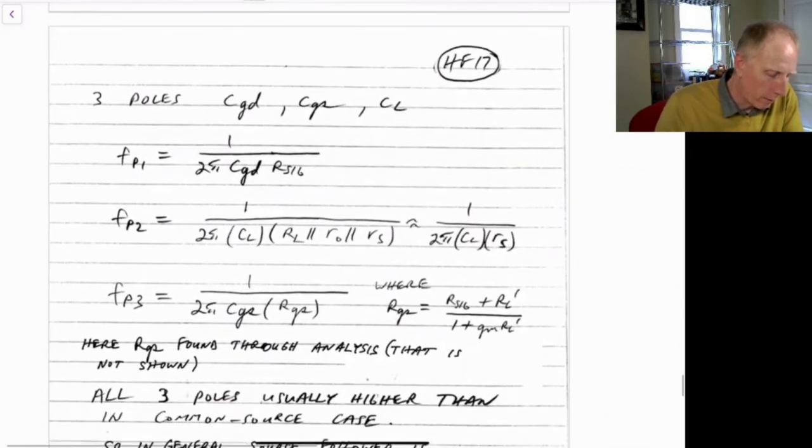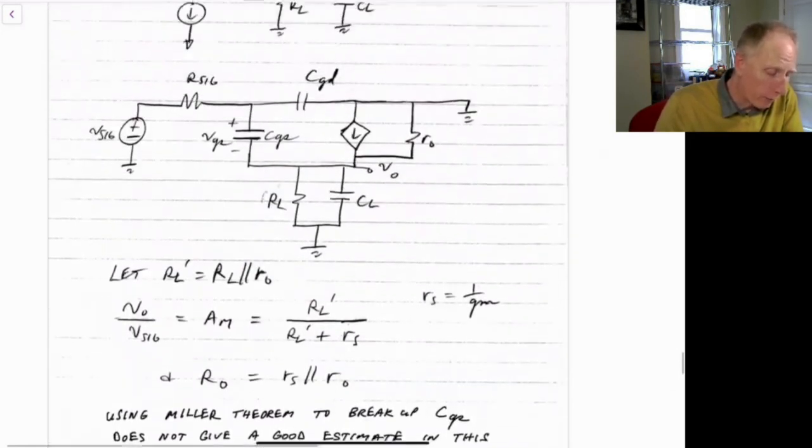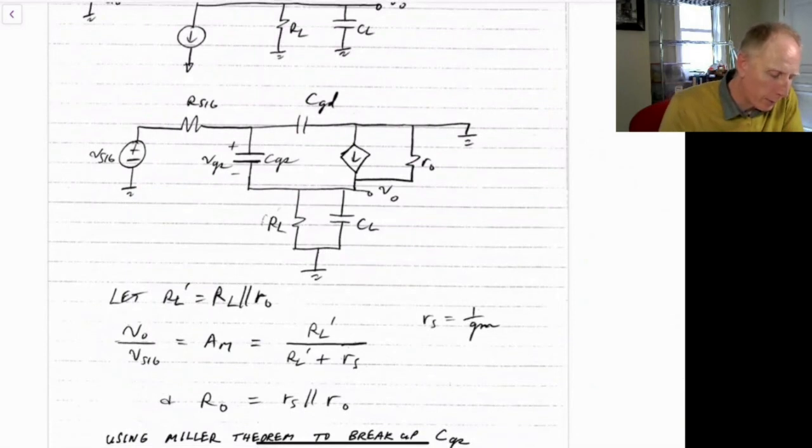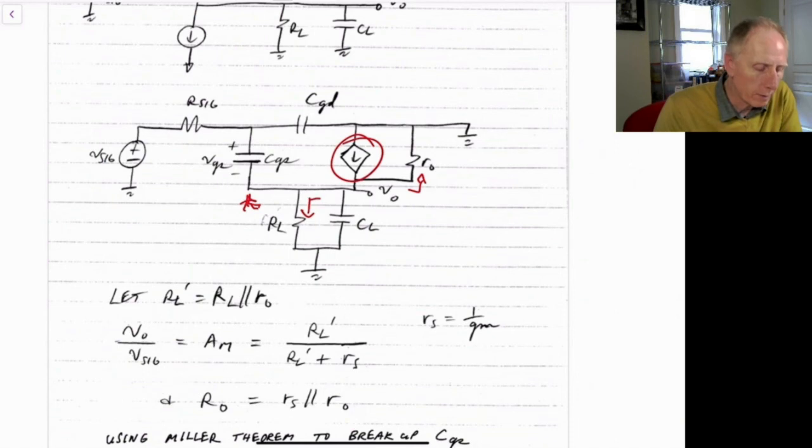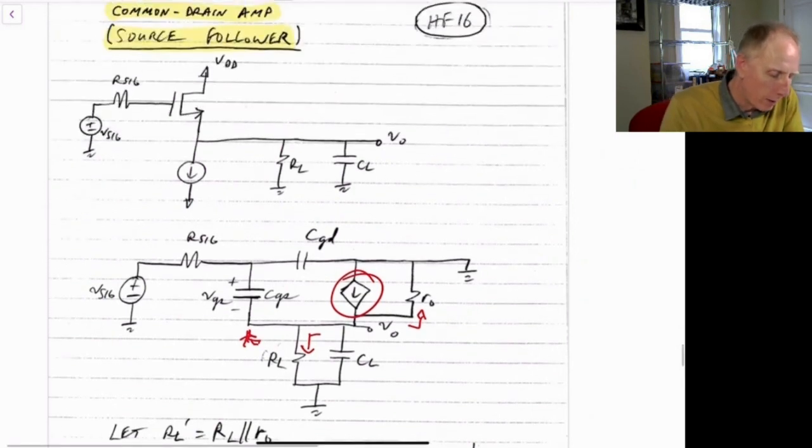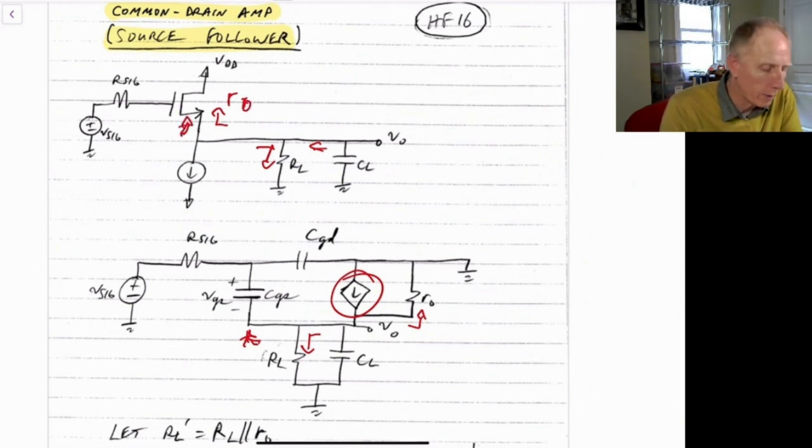Actually, sorry, I forgot to include one more. It's going to be the impedance we see looking into RL, into R naught, but also the impedance looking up into the source because of this voltage controlled current source, looking into the source of the transistor. In other words, CL is going to see RL looking down, it's going to see R naught looking up, but also looking into the transistor source as well.